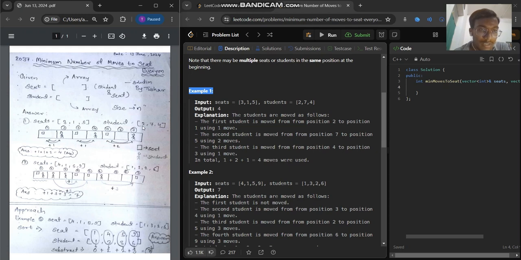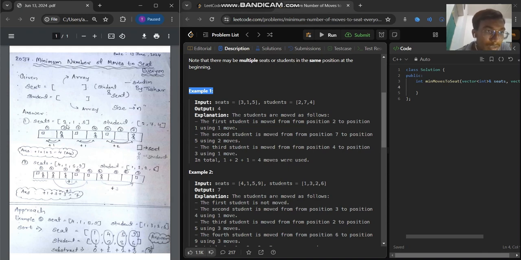Seven is the maximum element in both arrays, so we assume that there are 7 seats next to each other. I am replacing the seats with a white block, and the students with this character.